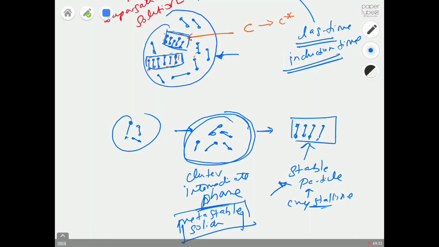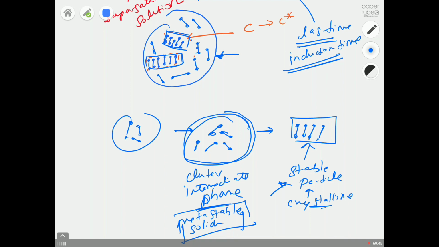One day I will try to convert this into lecture notes, or maybe a book, probably next year. But whatever I'm saying is extremely correct. If you go into hardcore scientific literature, you will find this information. These are not wrong information; they are absolutely right, and that's how crystals grow in solution.